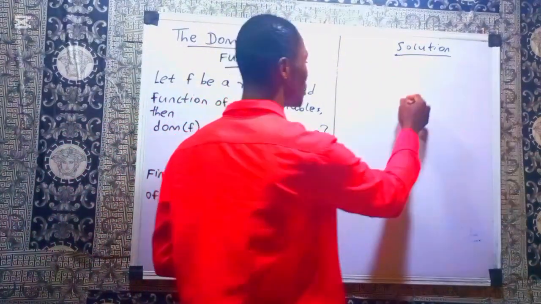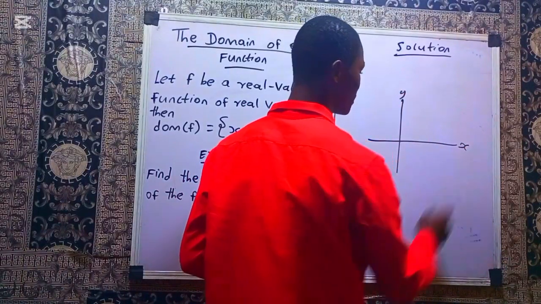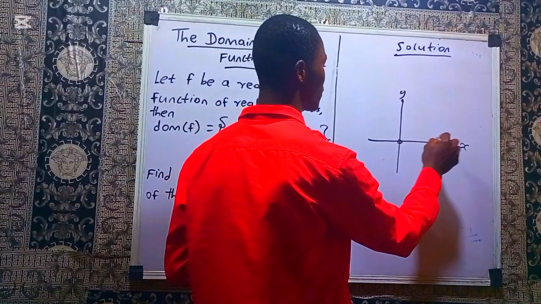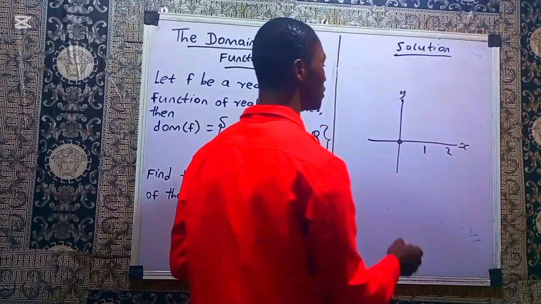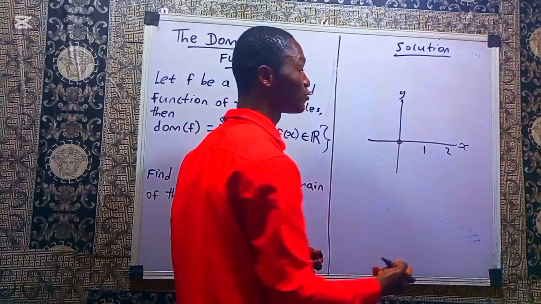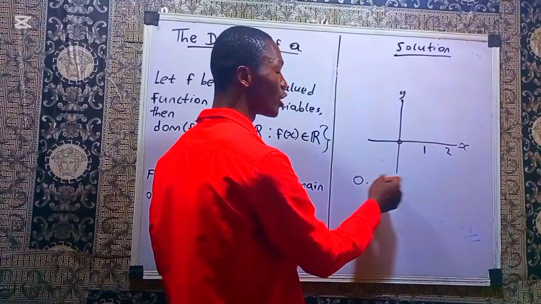Let me just sketch a little graph like this. This is y, this is the x axis. Now this is 0. Let me say here is 1, here is 2, and so on. You can only get the greatest integer of a real number to be 0 if that real number is 0 or is positive 0 point something.